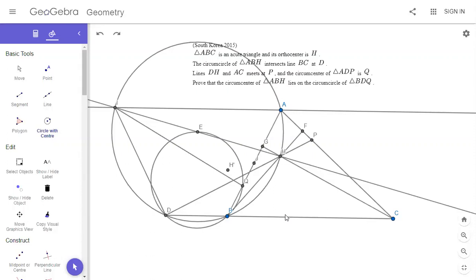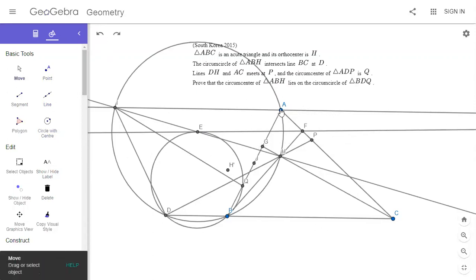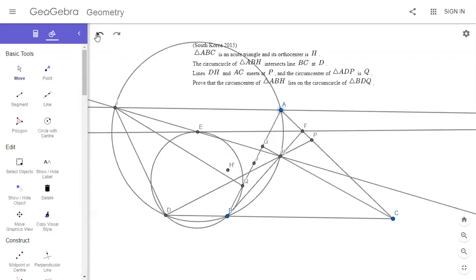Is EF parallel to GP? It could be. That's EF. No. Is it parallel to, I don't think this is true either, but yeah, no. Maybe power of a point somehow.